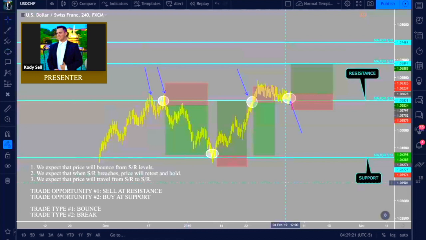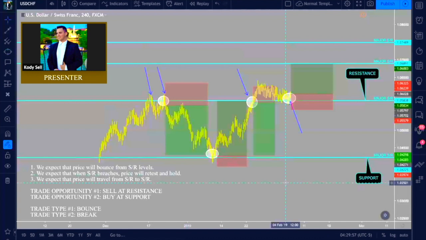One is a bounce. A bounce trade looks like this. You approach a resistance level and you take a sell from that resistance. You're approaching a support level, you take a buy at that support. In each of those instances, you're placing a trade based on the idea that those levels will hold price. Now, the second trade type for support and resistance is a break.